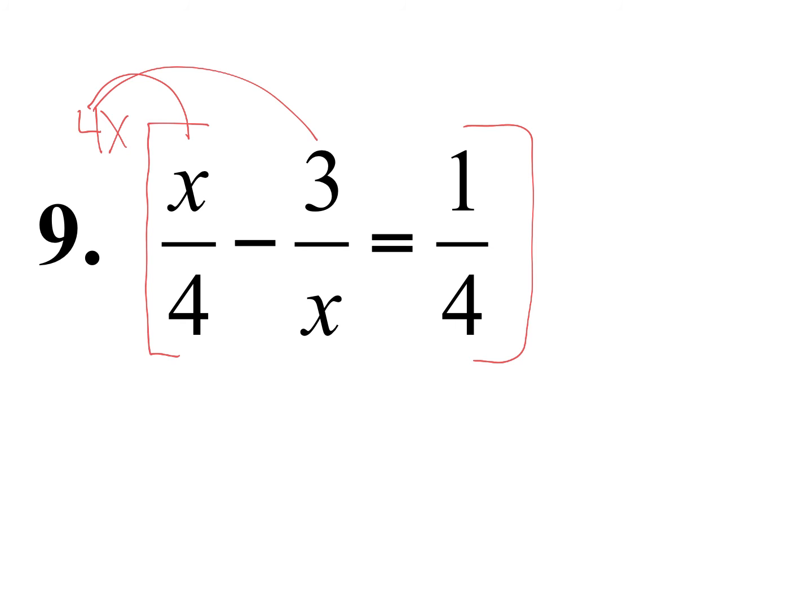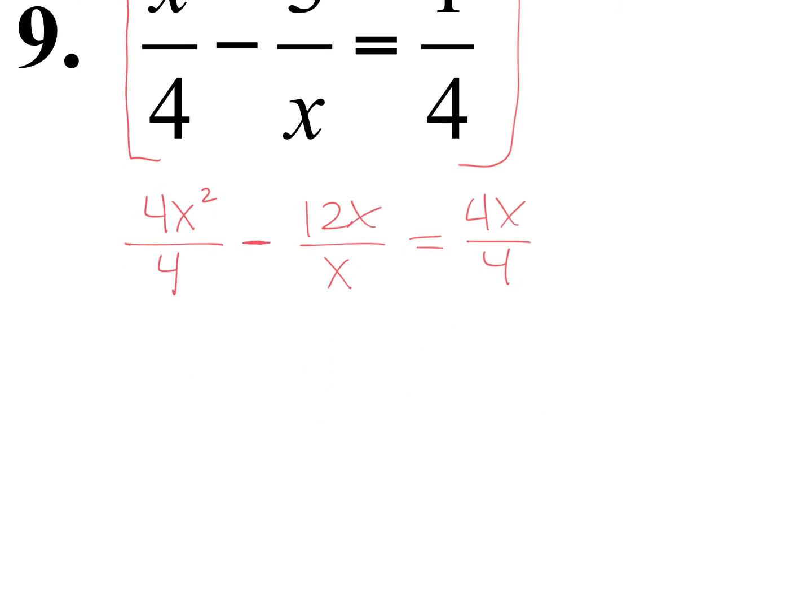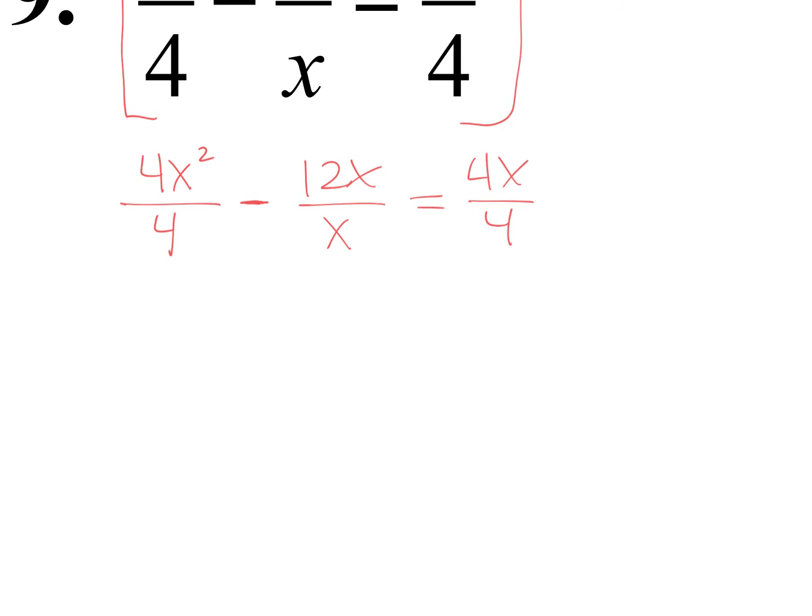So multiply everything by 4x, and you get 4x squared over 4 minus 12x over x equals 4x over 4. Okay, now simplify. 4 over 4 is 1, so you have x squared minus x over x is going to give us just a 12 there, and 4 over 4 is going to give us an x. What do you do?